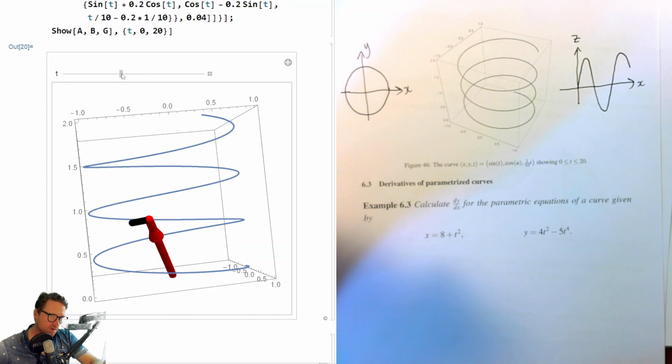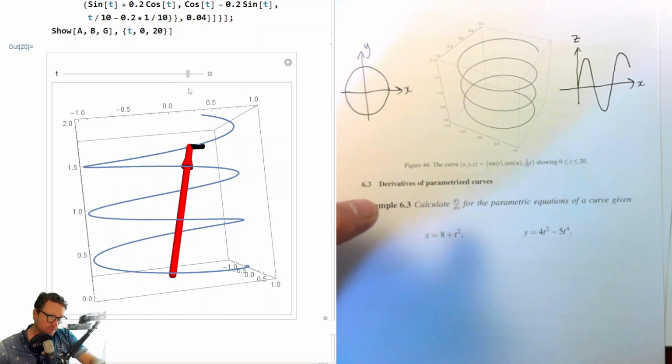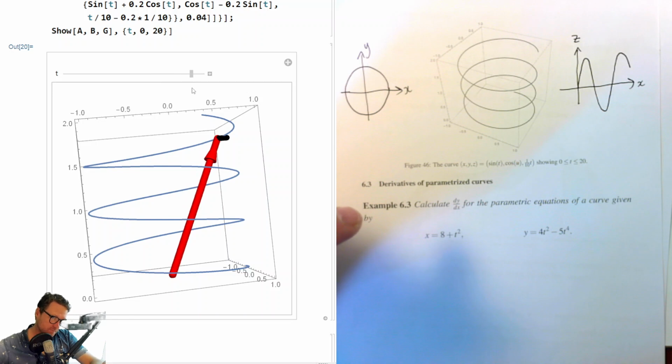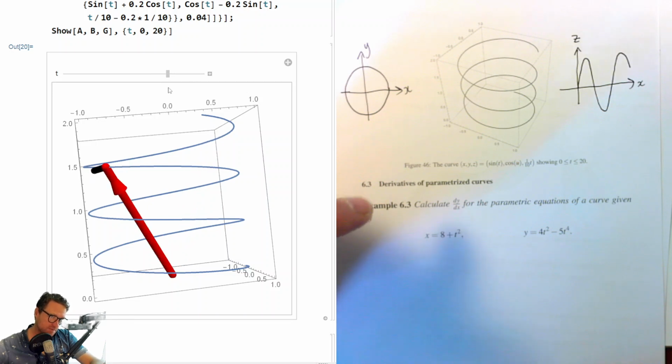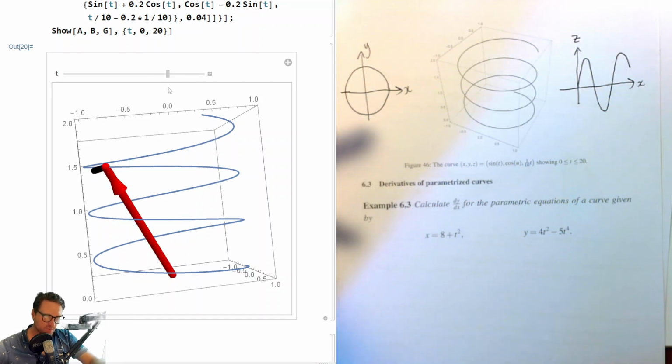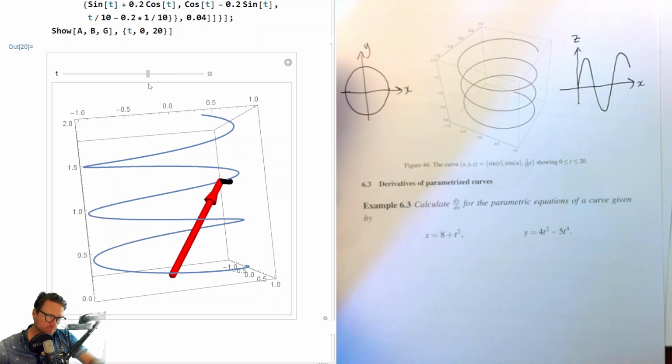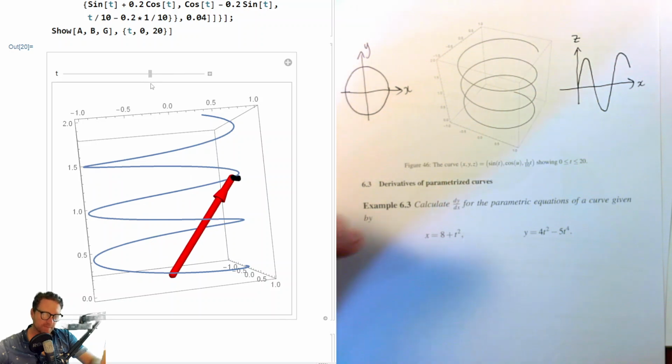As we go around, that black arrow should be tangent to the curve at the point that we're following. It's supposed to be anyway. And so that is r dash, that little black segment.